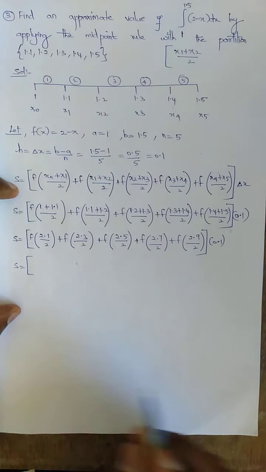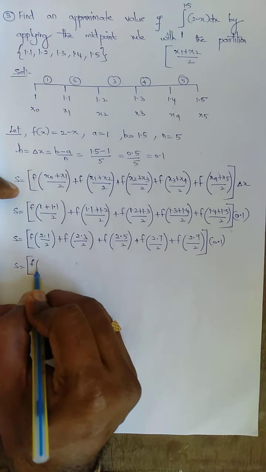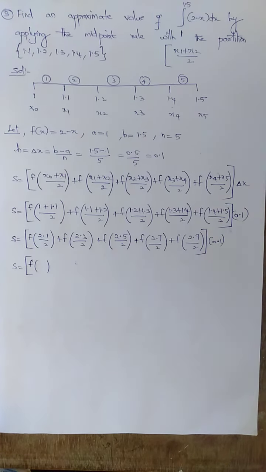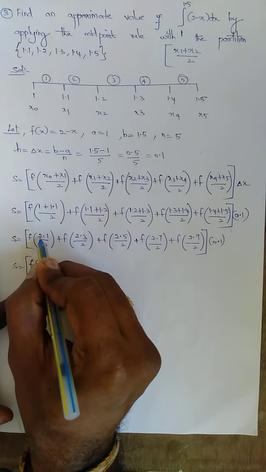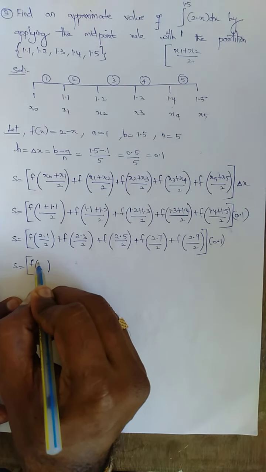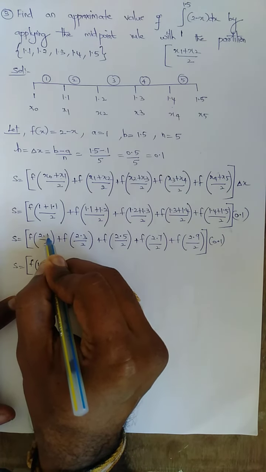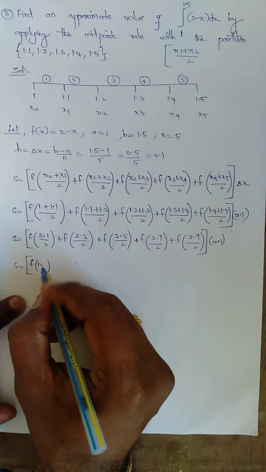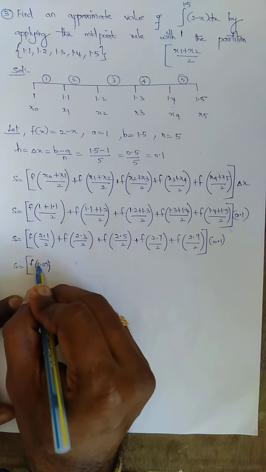S is equal to f of 2.1 by 2. What is 2.1 divided by 2? The answer is 1.05.